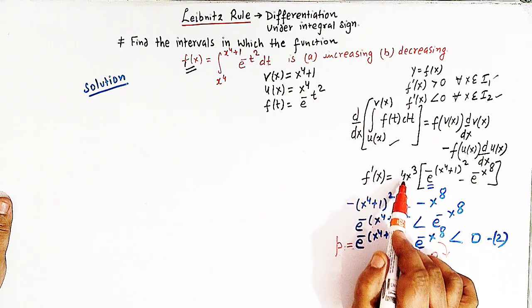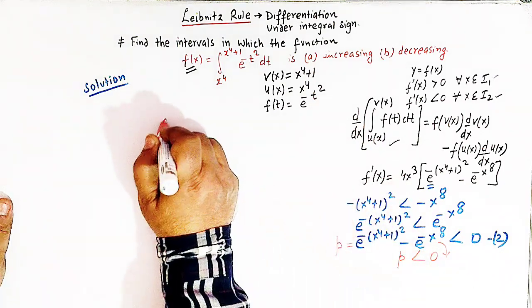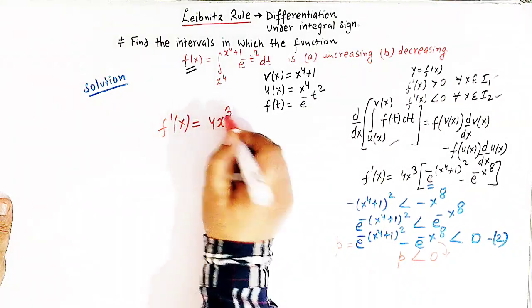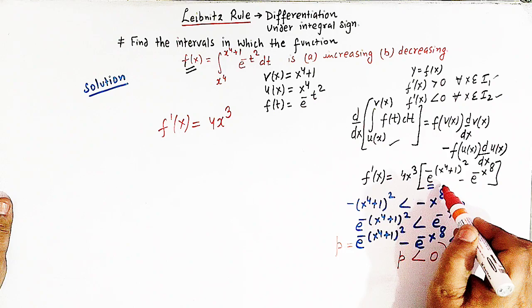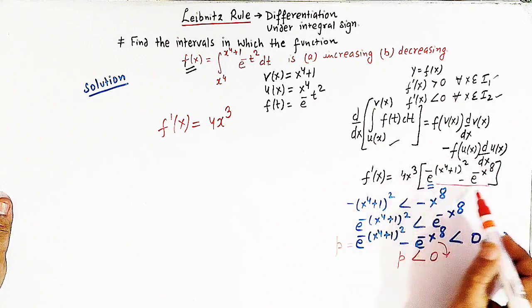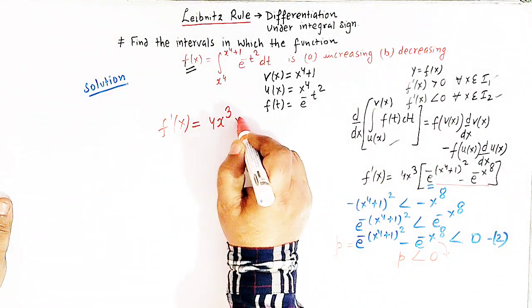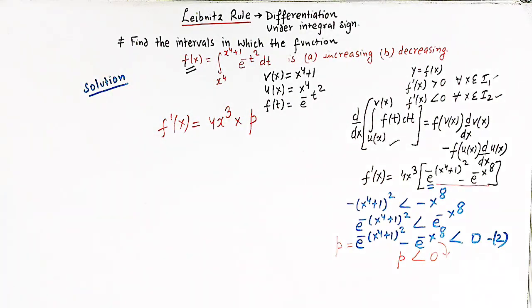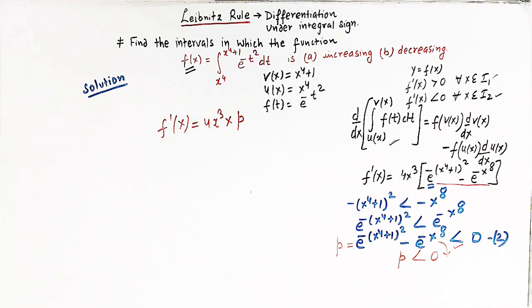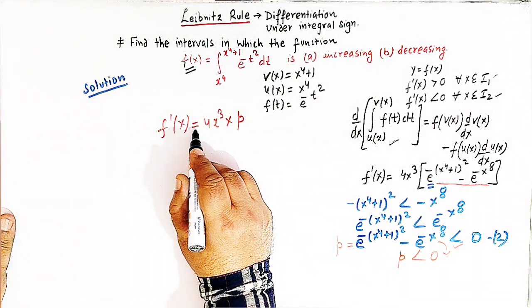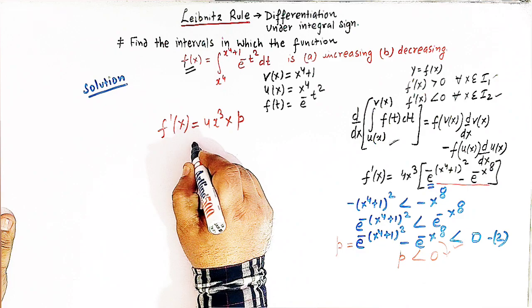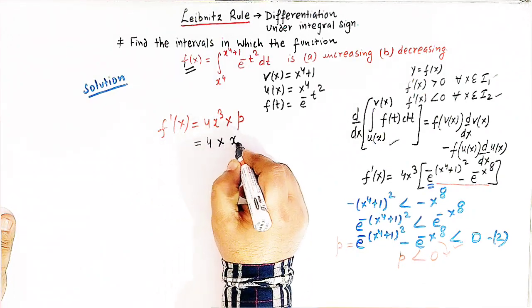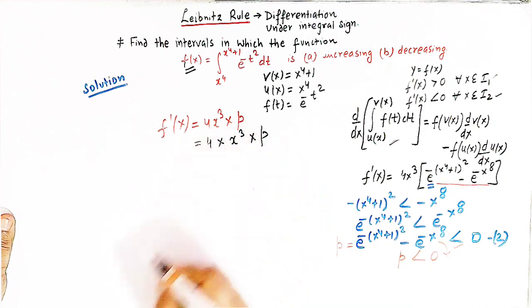So now let us consider this derivative, that is f prime of x can now be written as 4x cube, and here we have assumed this term as p, right? So here we write 4x cube times p. So now f prime of x is equal to 4x cube times p. We can also write it as 4 times x cube times p, right?